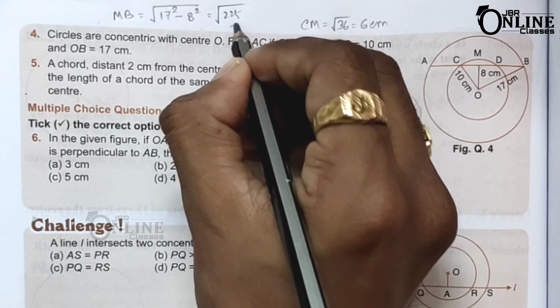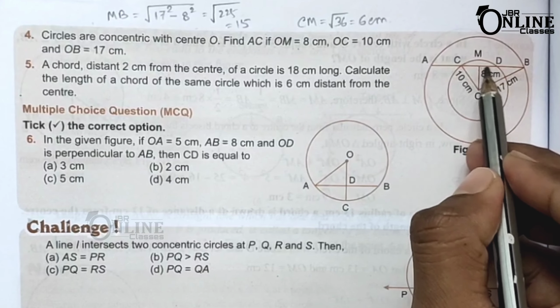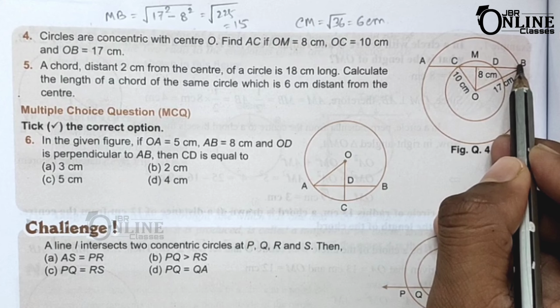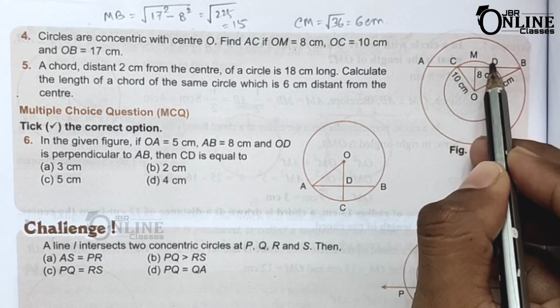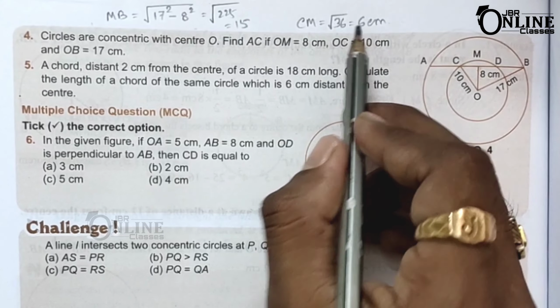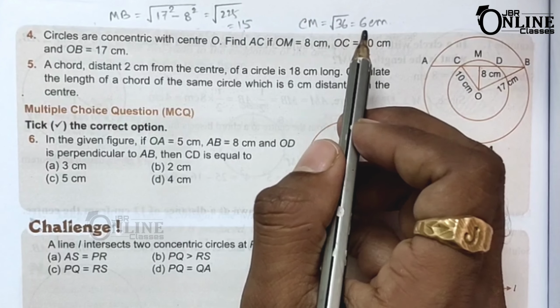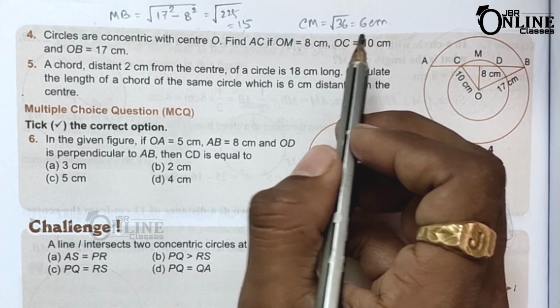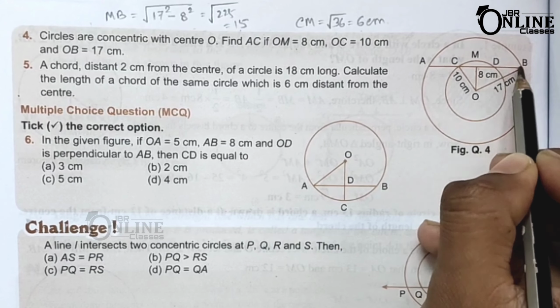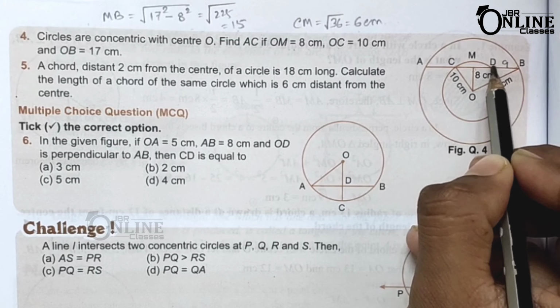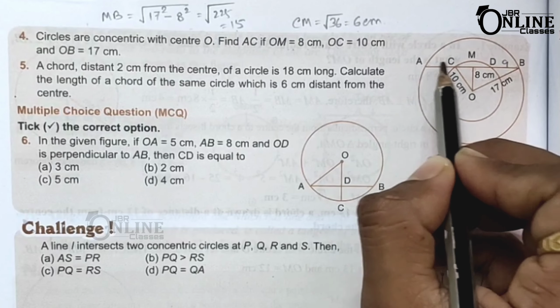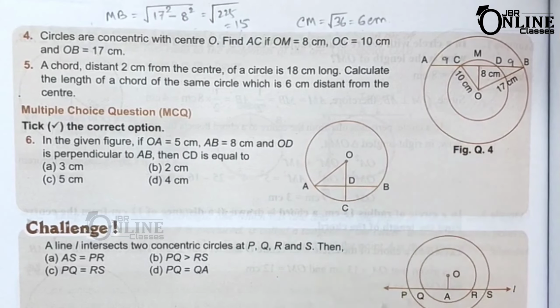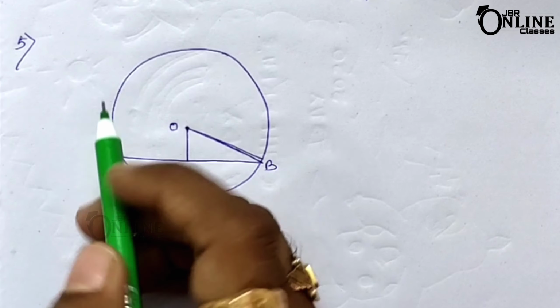So again 225, that means 15. So here the value of MB equals 15 and value of MD equals 6. So 15 minus 6, and that equals 9 centimeter. So DB equals 9 centimeter, and as DB equals 9 centimeter, that means AC equals also 9 centimeter.